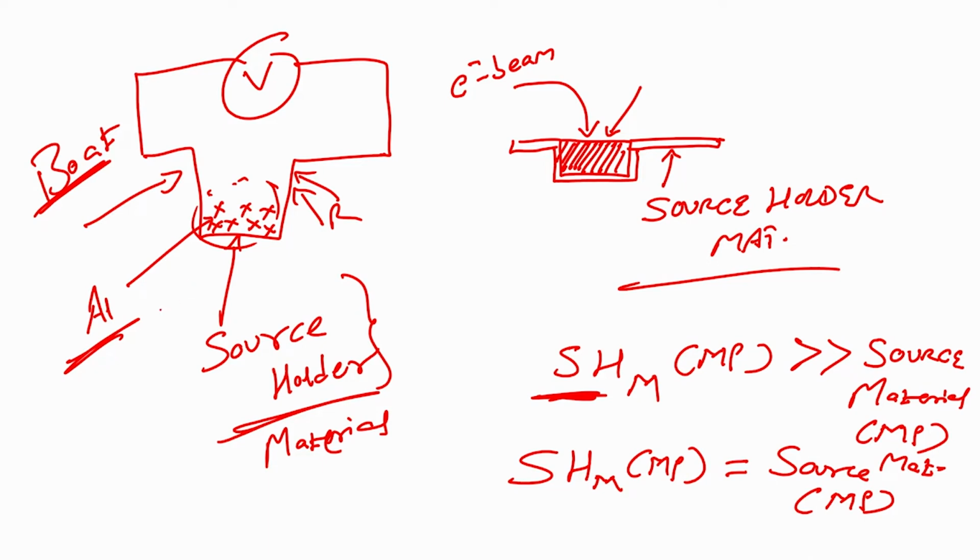In thermal evaporation, we require the source holder to be conductive. But if I use an E-beam, the E-beam will only heat the source material, melt it and evaporate it.